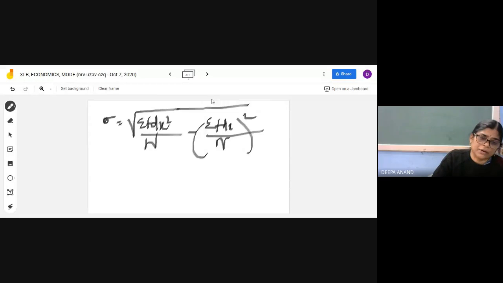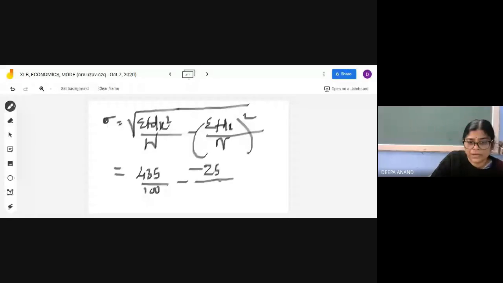And according to this problem, your sigma f dx square upon n is 435 upon 100 minus 25 upon 100 the whole square. Solve it, you will get the answer. Root, don't leave the root.